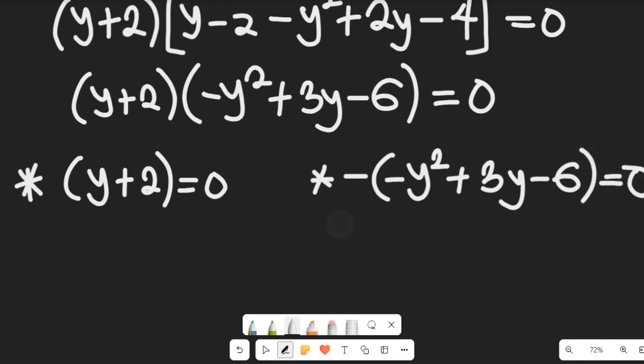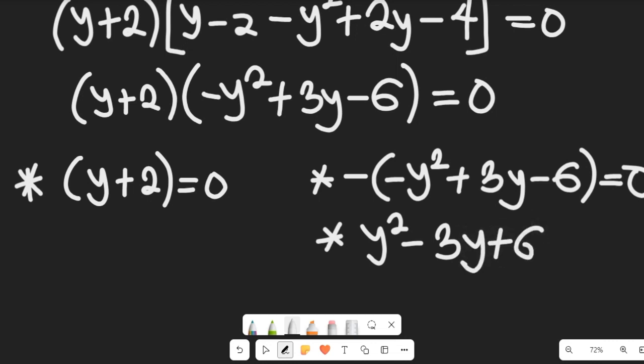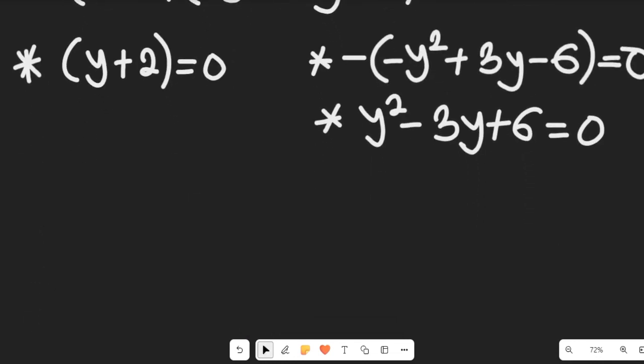So we're going to have this become y squared minus 3y plus 6 equal to 0. So from these two expressions, we can find the values of y.